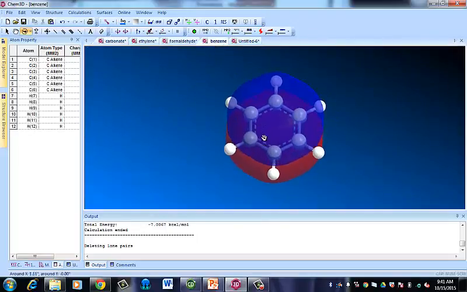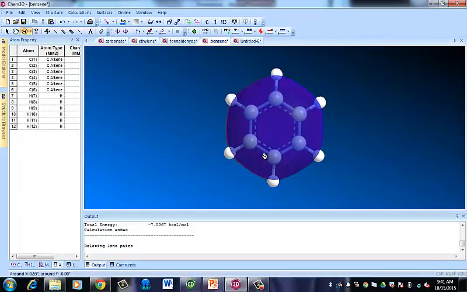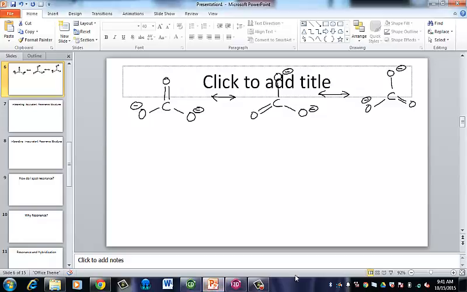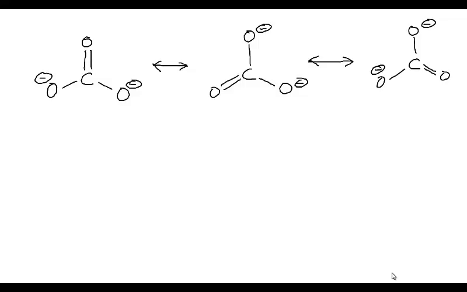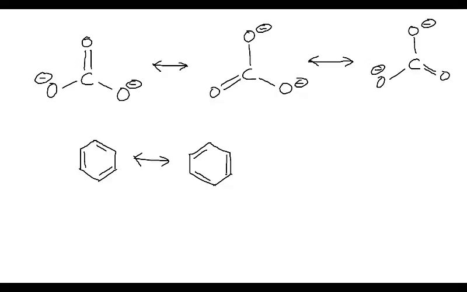Benzene, C6H6, is another great example of resonance. So in benzene, we have 2 equivalent resonance structures. One that looks like this, and one that looks like this. And so what we have there are pi bonds that are delocalized around all 6 carbon atoms in that ring.